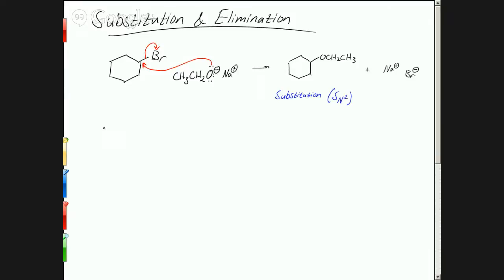The other thing that can happen with these same two reagents looks like this. One of these hydrogens, and this is similar to what we saw in the exam, same thing. We've got a strong base, strongly nucleophilic, but now instead of attacking this carbon and substituting for the bromine, another thing that can happen is that oxygen can grab a hydrogen on the carbon next to that carbon with the bromine.